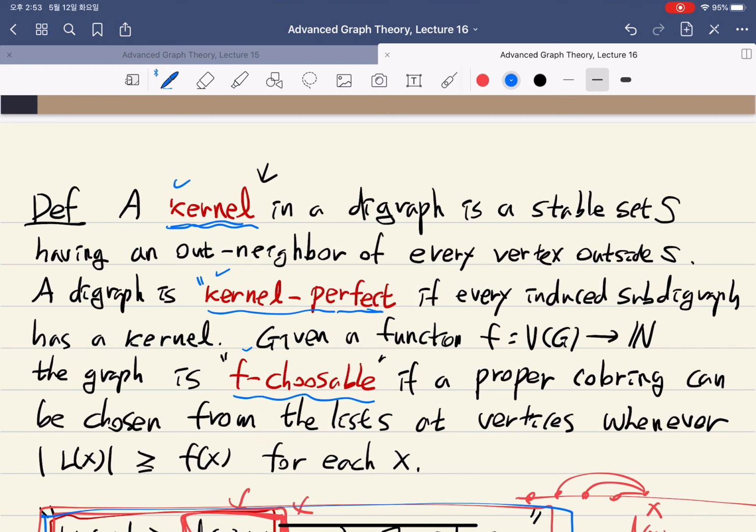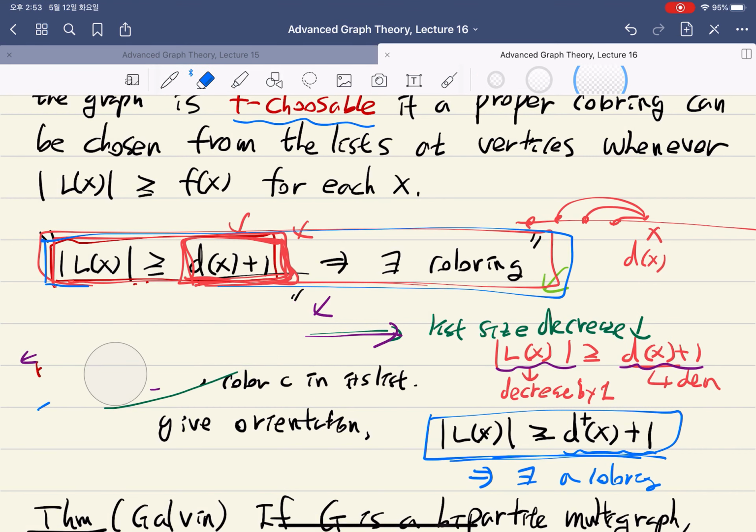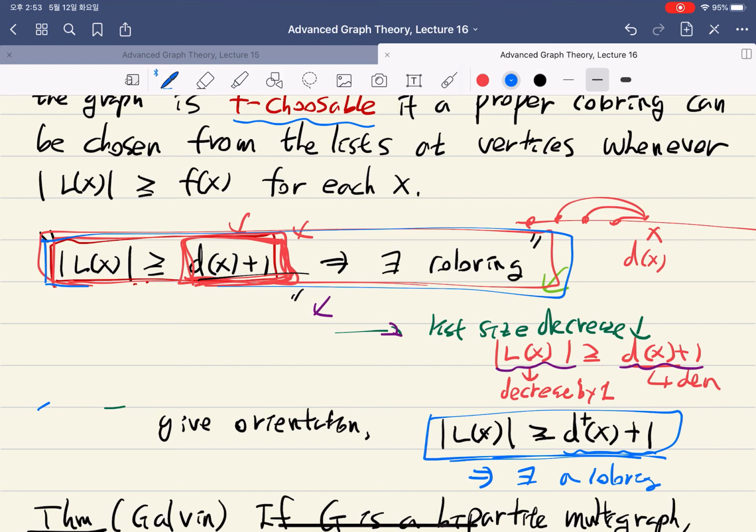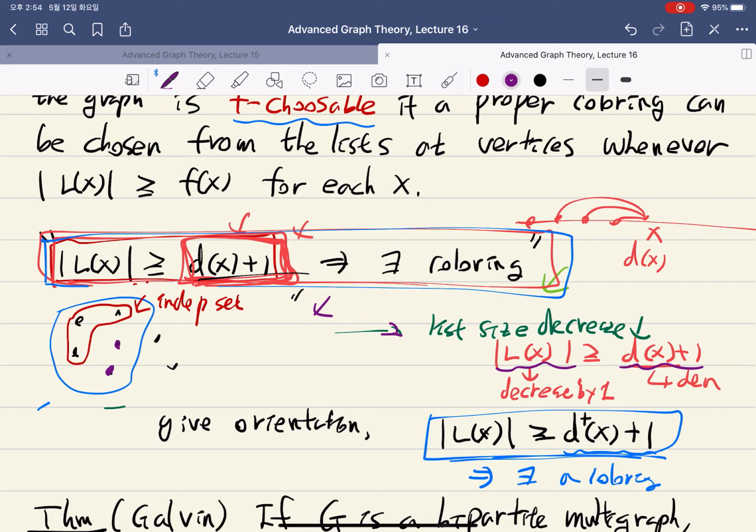And also this corner perfect is motivated because here what we wanted to do, we have the graph. In the graph, we take some set, namely the set of vertices which has C in its list. There, we want to be able to find the independent set such that every neighbor in this set, say U and S, in this U has an out neighbor in here.